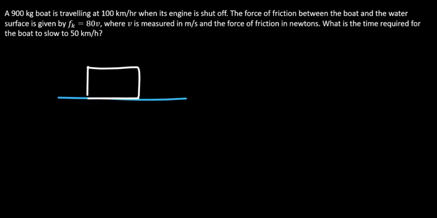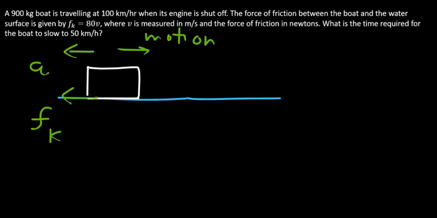Let's look at any horizontal forces that are acting on this boat. Well, there is only one, the friction. And if the motion of the boat is to the right, then there will be an acceleration to the left following the friction.